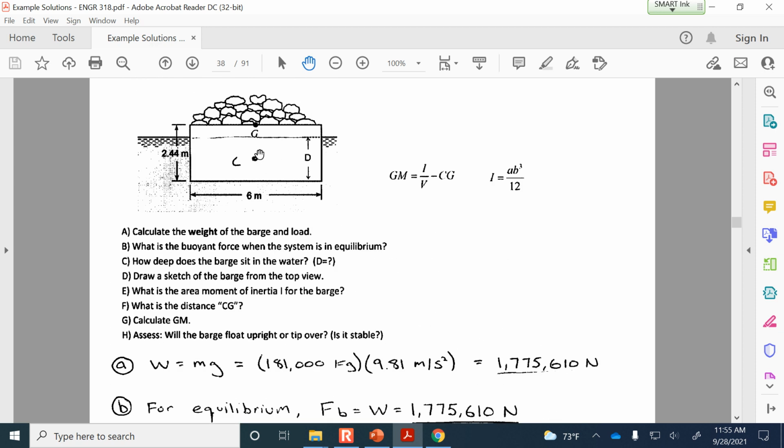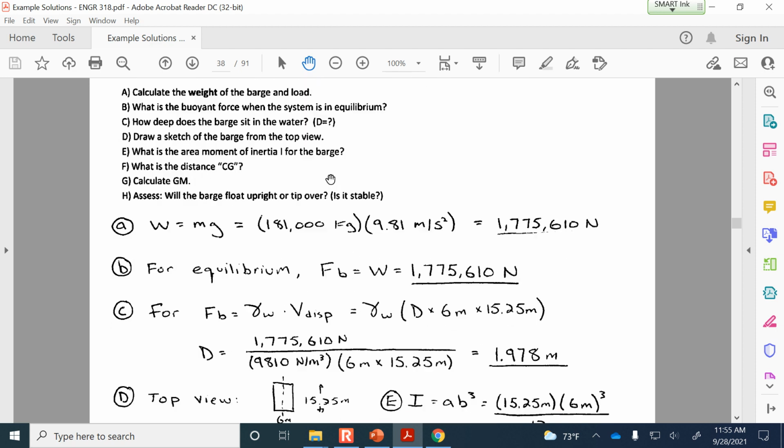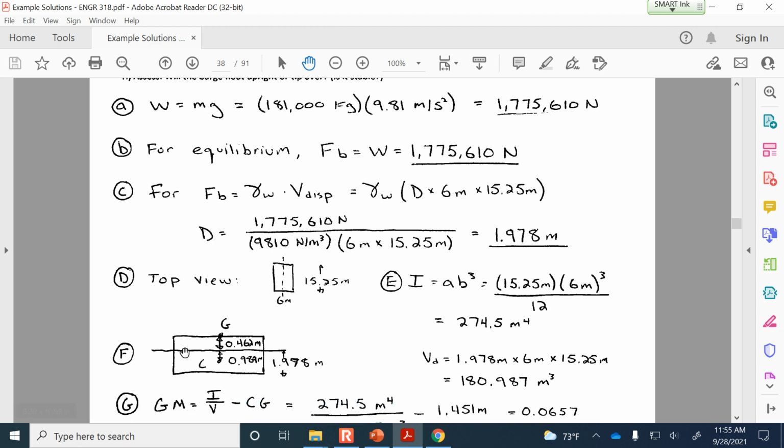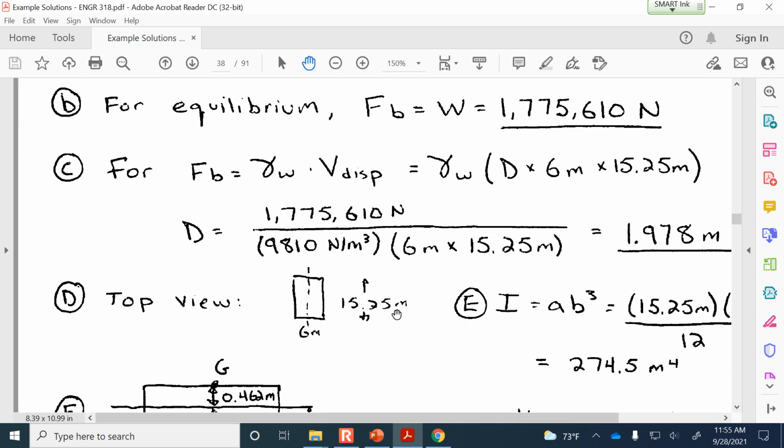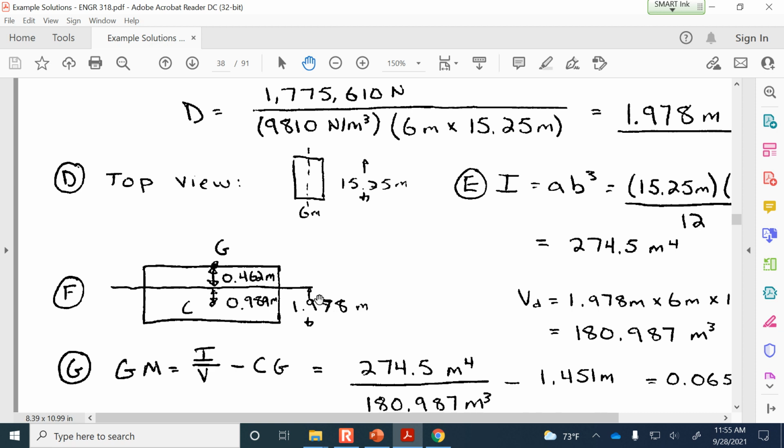All right, so F, what is the distance CG? By definition, C is from the waterline halfway down, and from the waterline up to G is simply going to be the 2.44 minus D. So that's what I do here. I've got a little sketch of it, let me zoom in on that sketch. It's 1.978 from the bottom edge to the water surface, and so the distance from the water line to C is going to be half of that, 0.989 meters.